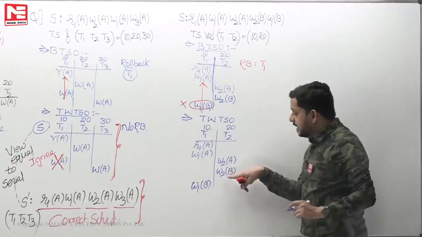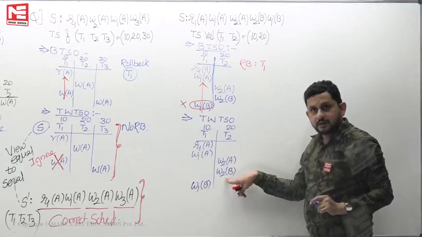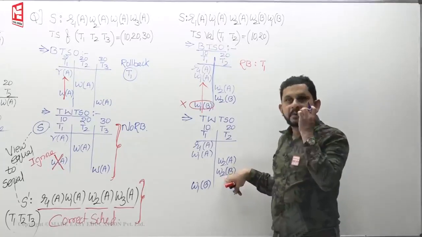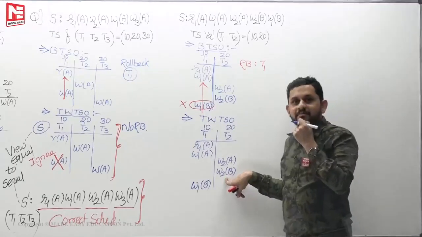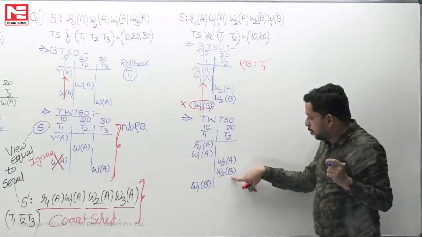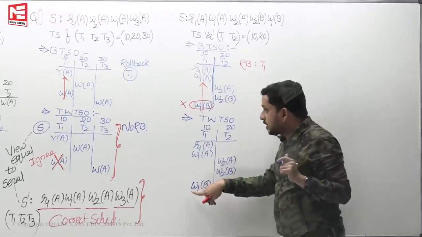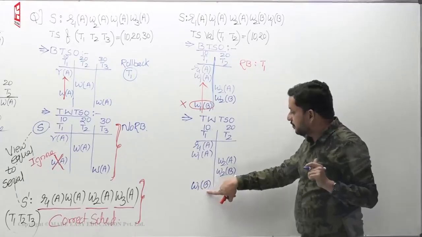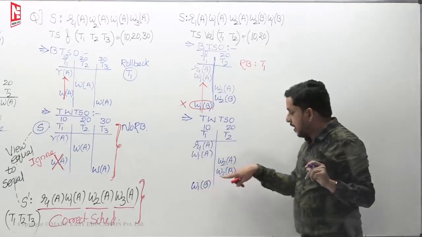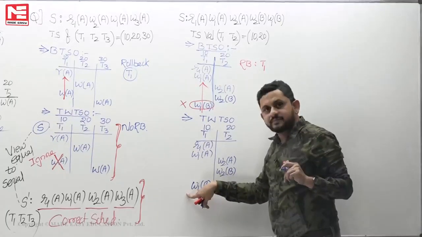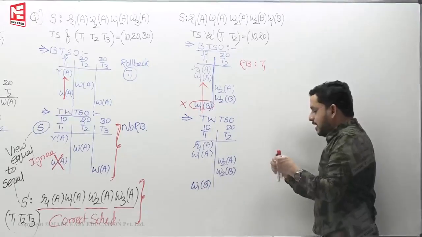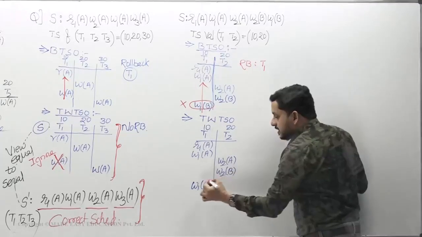If a younger transaction has already written only B, then the older transaction's write request is ignored. So what did we do over here?